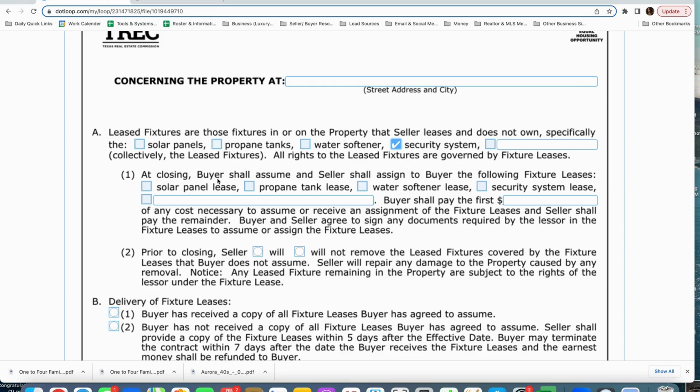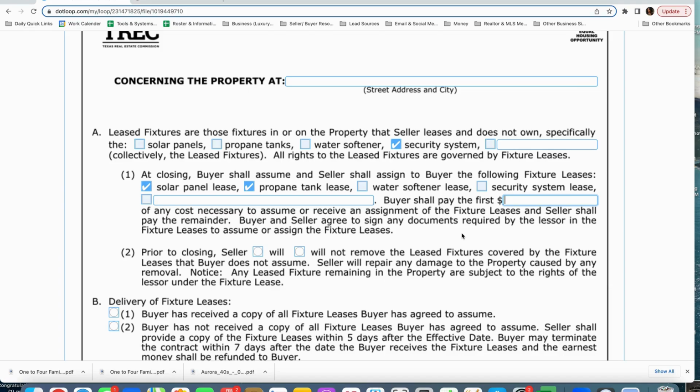And it says at closing, buyer shall assume, or seller shall assign to buyer, the following fixture leases, either the solar panel, whatever that is. And the buyer shall pay the first, it might be a set amount, of cost necessary to assume or receive assignment of the fixture lease, and seller shall pay the remaining. So you can say up to a certain amount. How do you know exactly what it is?